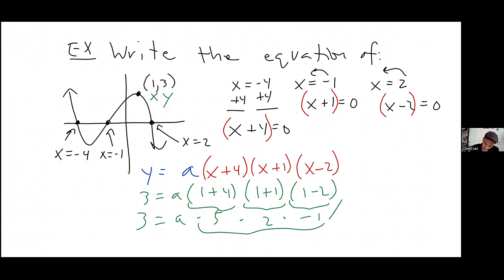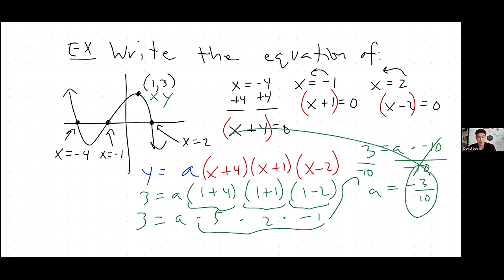So let me go up here. We have 3 equals a times -10. And so if we divide, you want to use division. If you divide by -10, a has been found. It's -3/10. So that a value, you would put right there back in for the blue a.